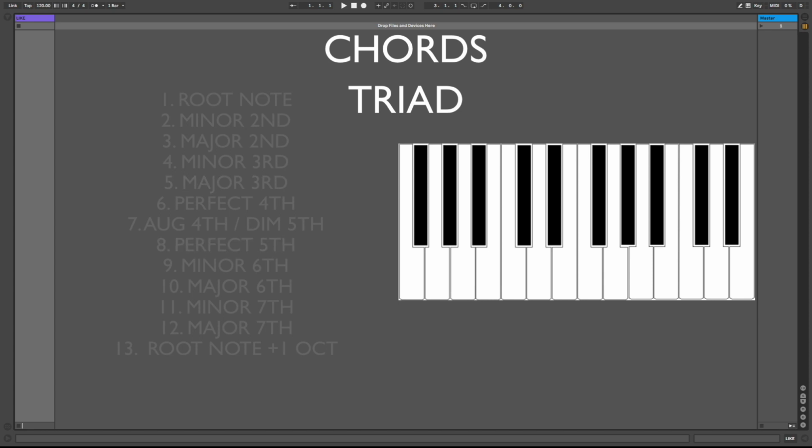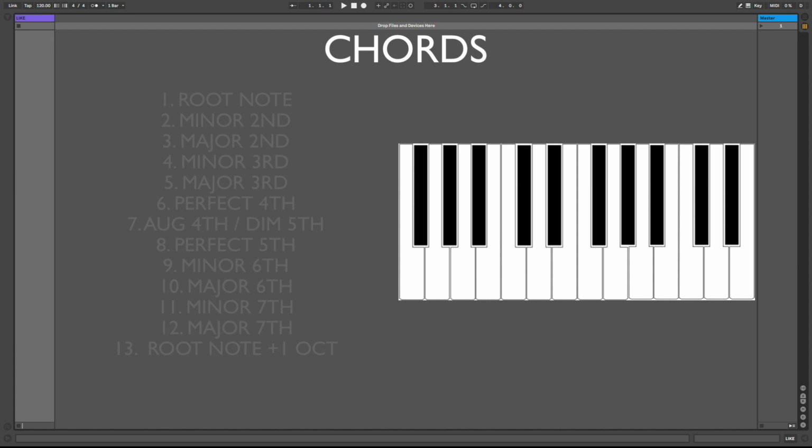Now if you played, let's say, a minor 3rd, it would be known as a minor chord. But if you played the major 3rd, it would be known as a major chord. If you're not sure what I mean, go back and watch the section on the chromatic scale and scale degrees and look at specifically the minor 3rd and the major 3rd intervals, and hopefully you'll get a better understanding.